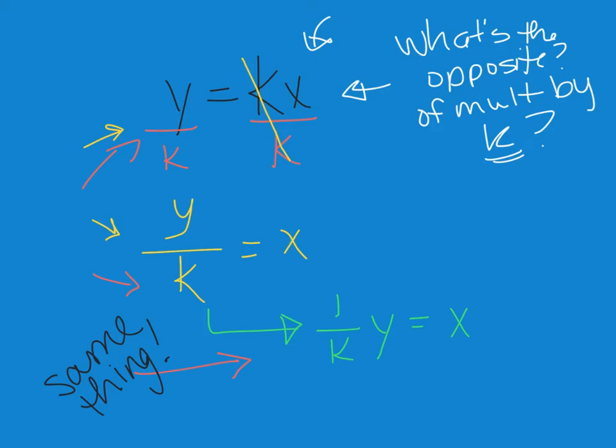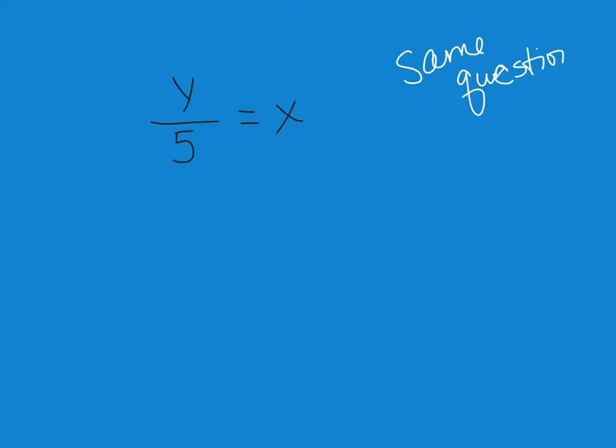It is also important that we understand that we can do this in the opposite way. In other words, and this is not on that summary page, but it's important that you still understand, suppose we started out with y divided by 5 equals x. In this case, we still ask the same question. And hopefully by now you should know what it is.